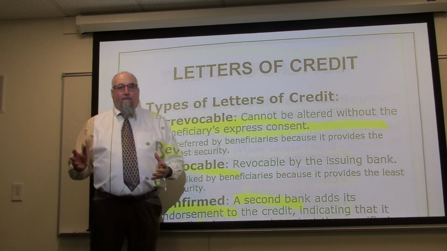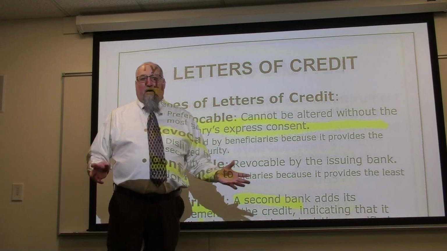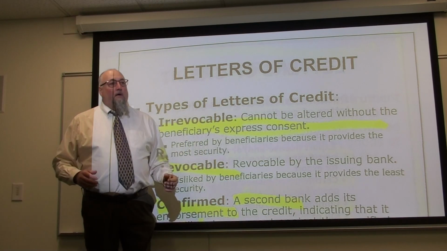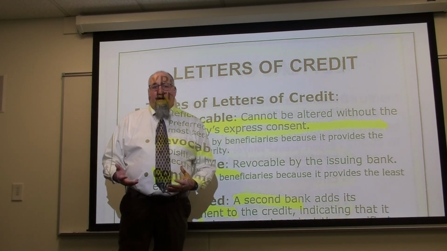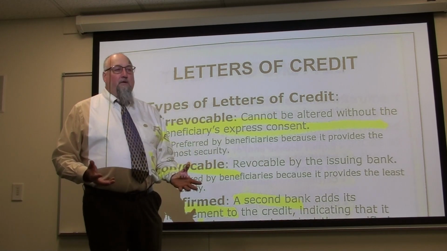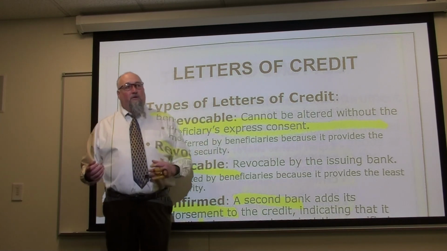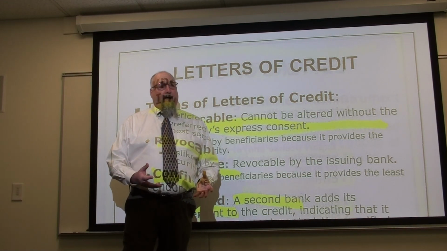So what do I mean by that? So if I'm a buyer, and if I'm going to buy $1 million worth of laptops or something, laptop computers from a manufacturer, I have to go deposit perhaps, depending on my credit, $500,000 in order for a bank to issue a $1 million letter of credit, maybe more. If I don't have good credit, I may have to put the whole $1 million of cash on deposit with the bank.